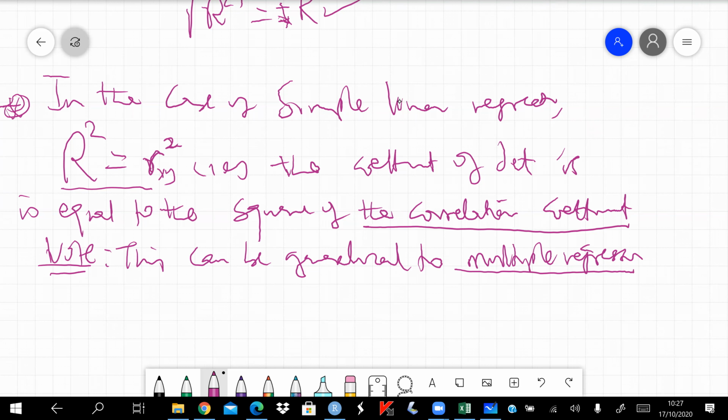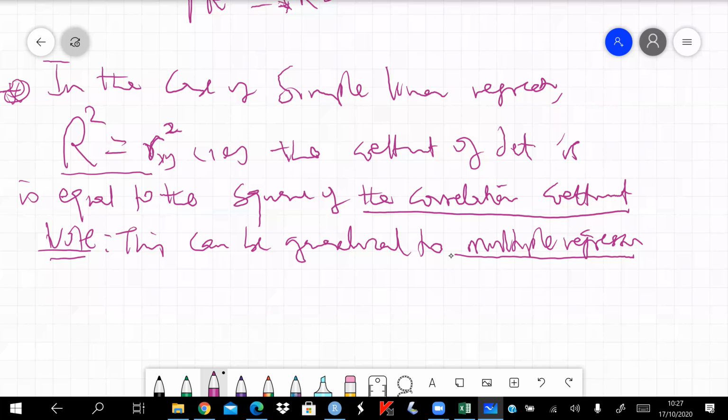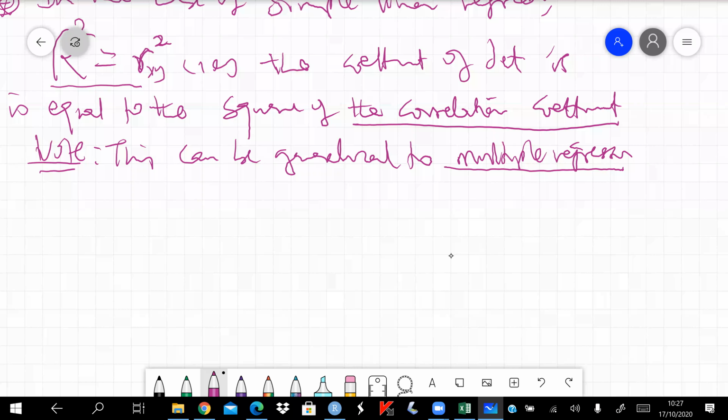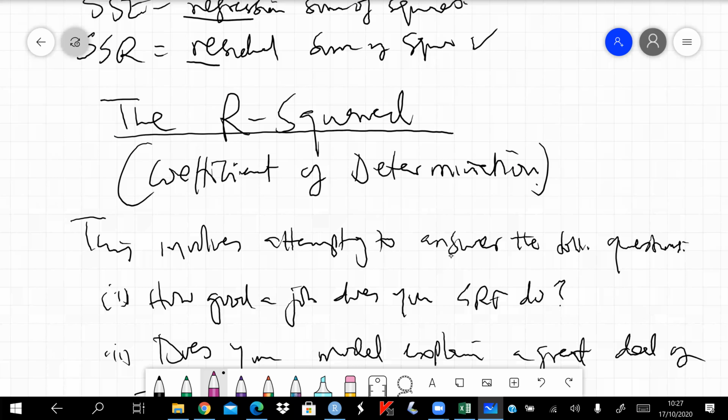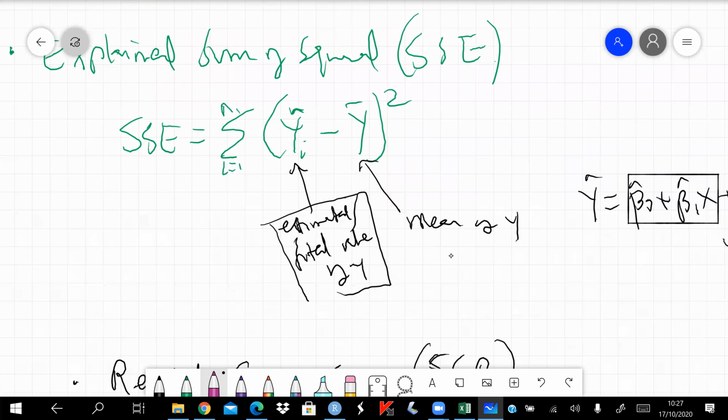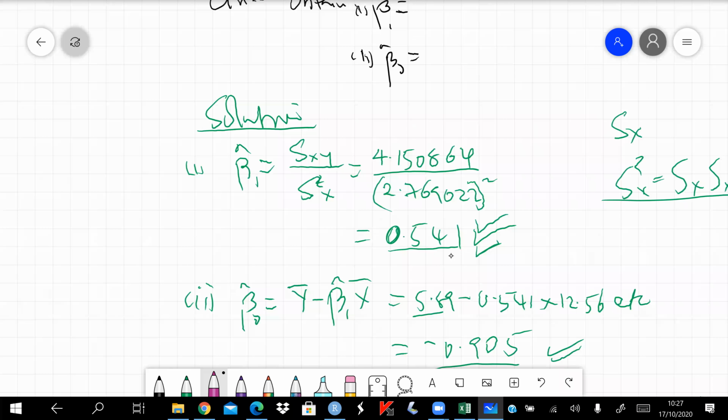Okay, so I want us to go back to the example that we looked at a little bit earlier on. So using the information given above there, compute R squared.